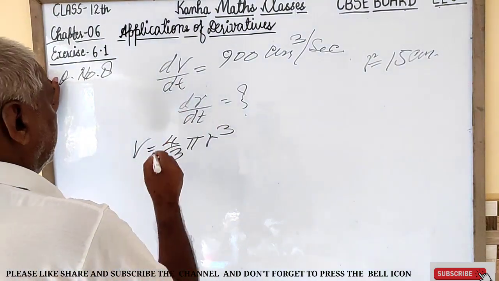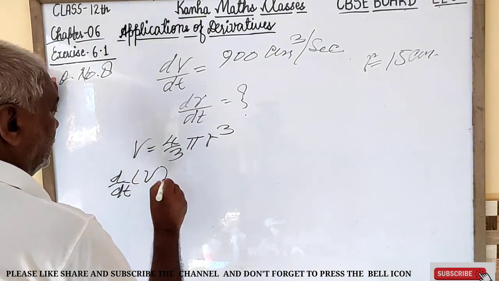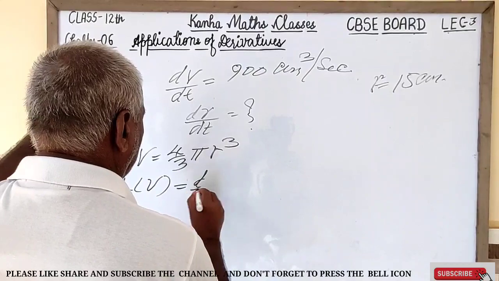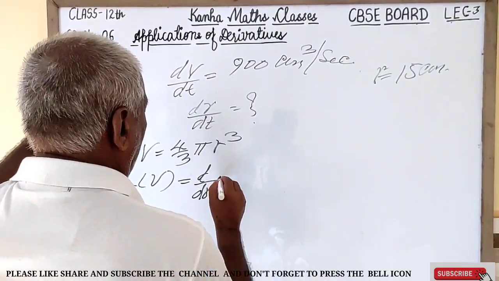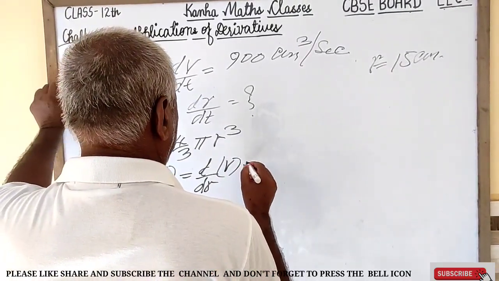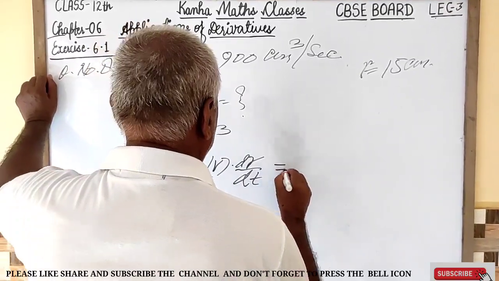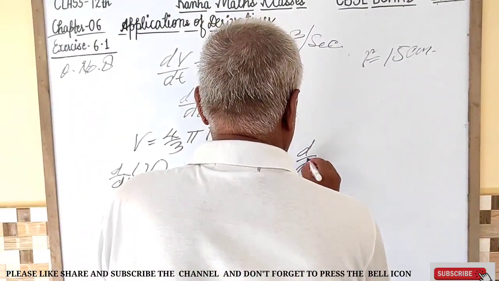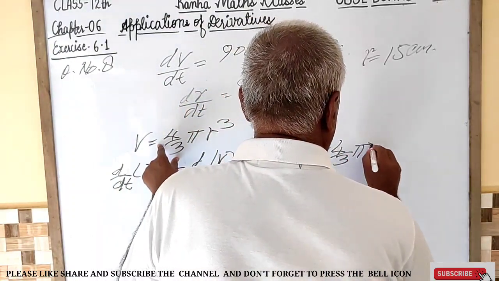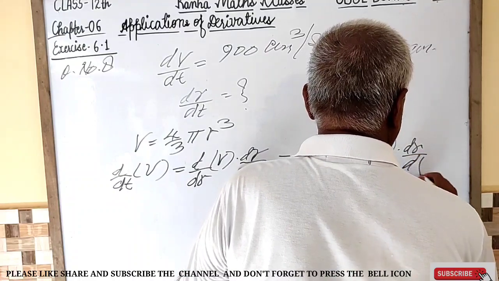Hence dV/dt is equal to dV/dr into dr/dt, that is, d/dr of volume 4/3 pi r cube into dr/dt.